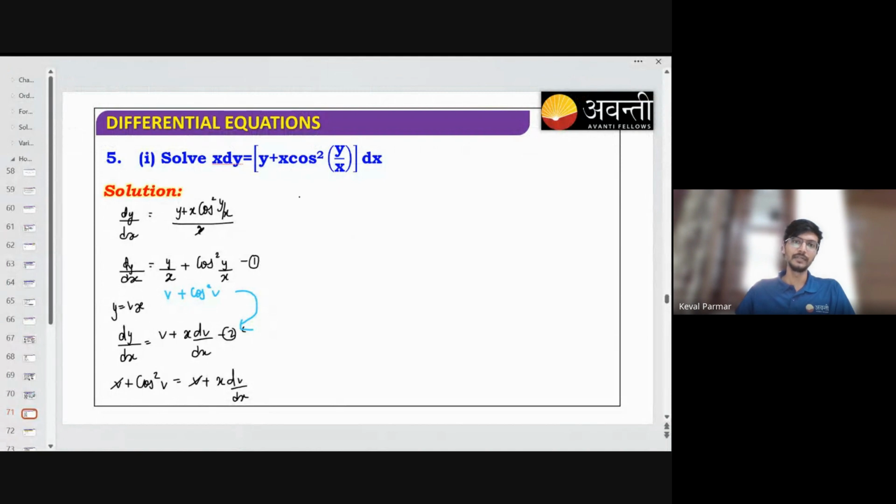This is very simple. V and v will get cancelled. So we'll be left with cos square v is equals to x dv over dx. Now I'll cross multiply. So I'll get dx by x is equals to dv by cos square v.